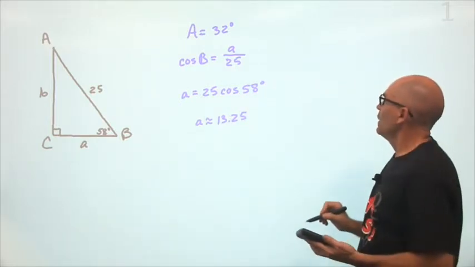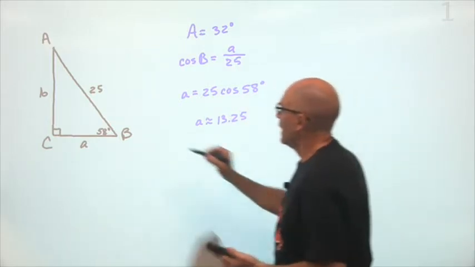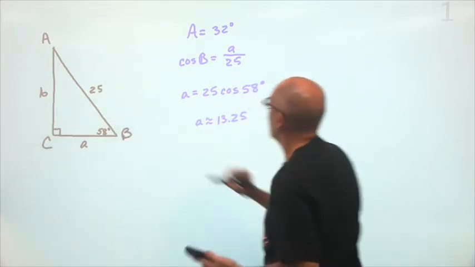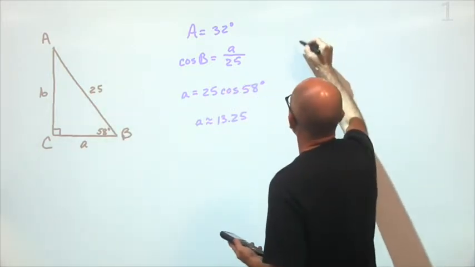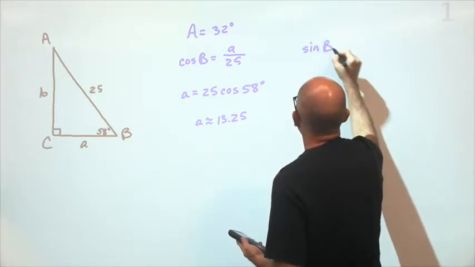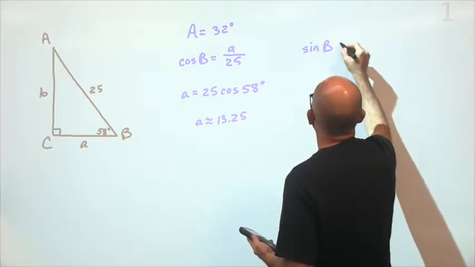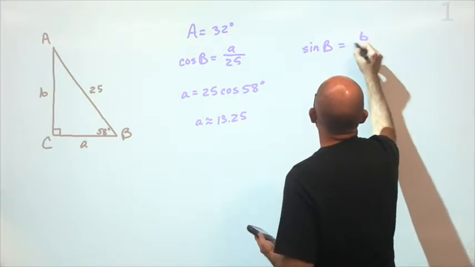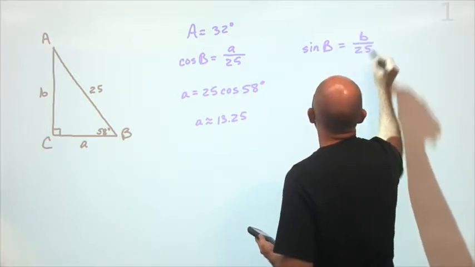Now we do side B, and that's opposite over hypotenuse. So what we have here is sine of angle B equals opposite over hypotenuse.